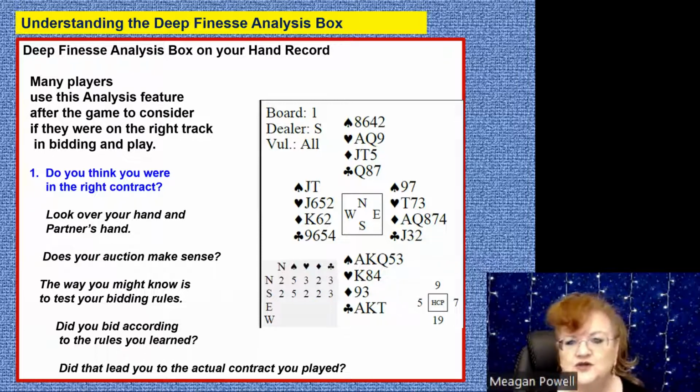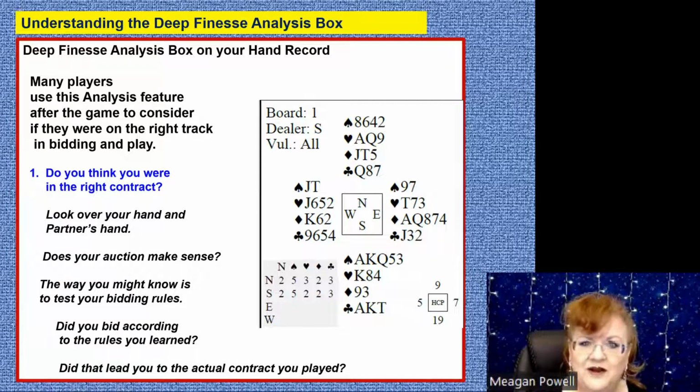Well, the way that you do that is use your bidding rules, not this box necessarily. You're basing it on the bidding rules. You're looking at your hand, you're looking at your partner's hand, and you're using what you know about your bidding rules to determine what it makes sense in terms of bidding that you should have accomplished.